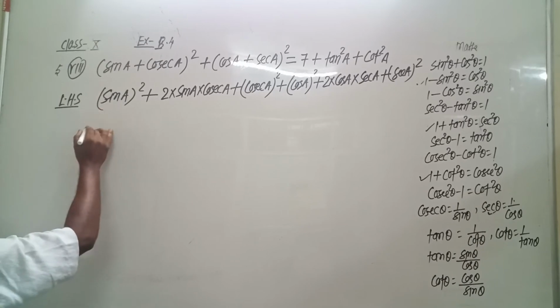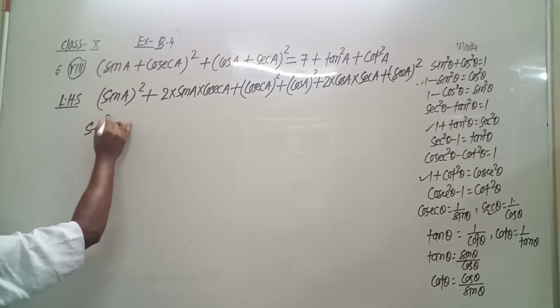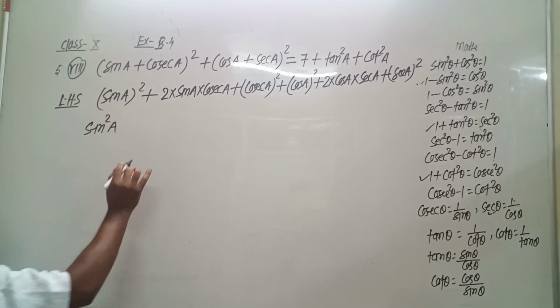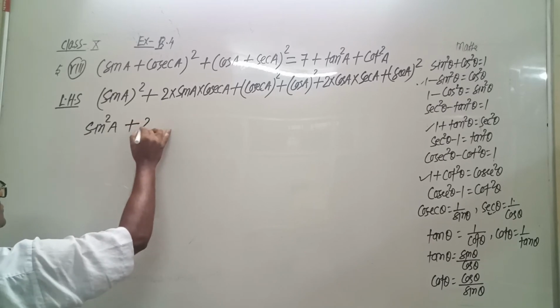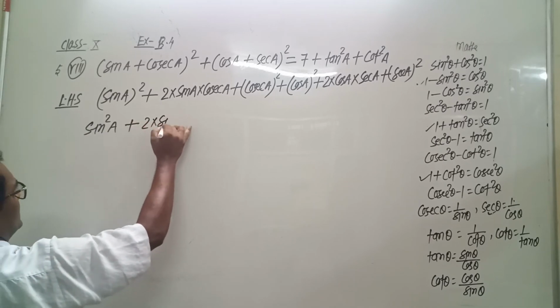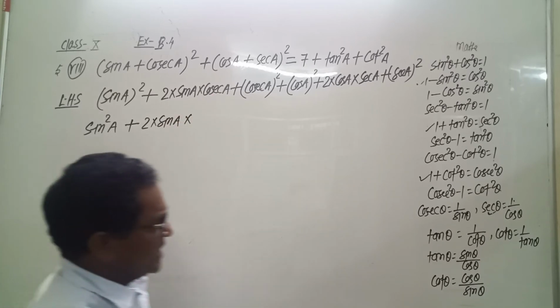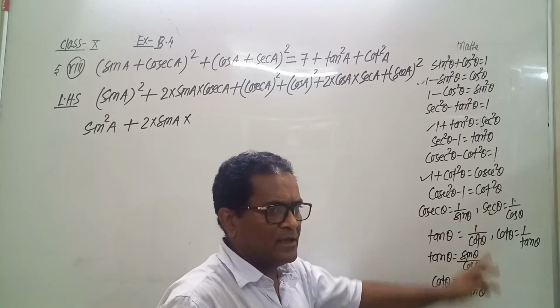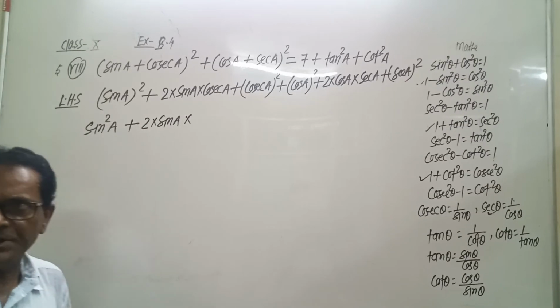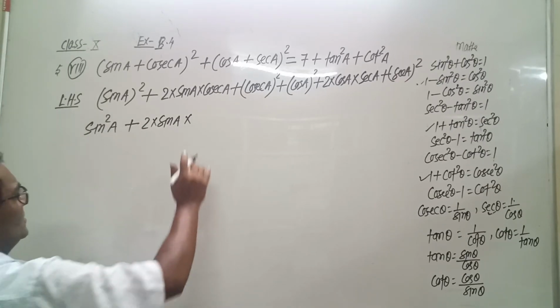So sin A the whole square is also written as sin square A plus 2 into sin A and cosec A, which is written as 1 by sin A because cosec theta is equal to 1 by sin theta.